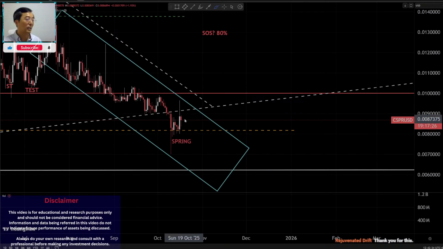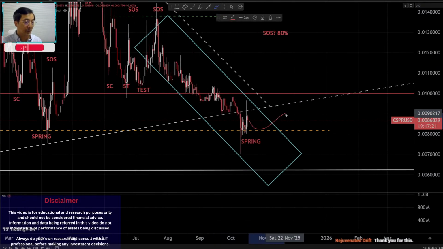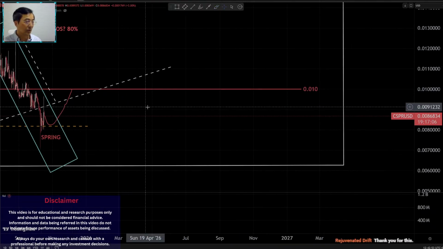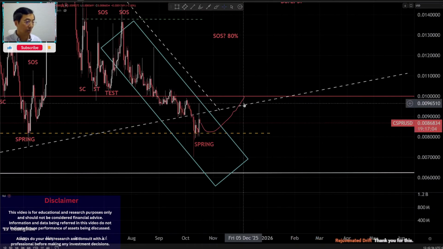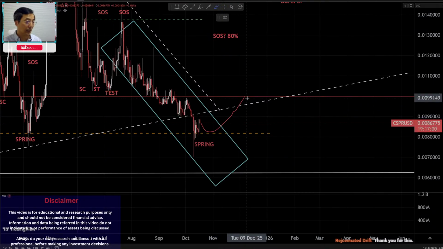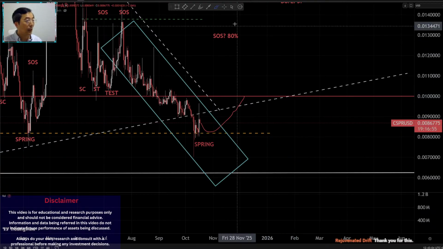So either it really finds sufficient support and then breaks outside of this downward channel and catches up to challenge this white dashed line and eventually the red key level of 0.01. I think that's 1 cent. So that's the positive scenario, but don't get over excited. It may come back down to just trade sideways.